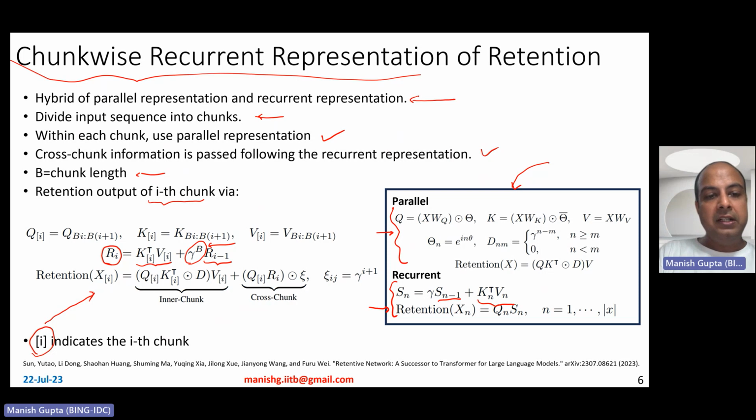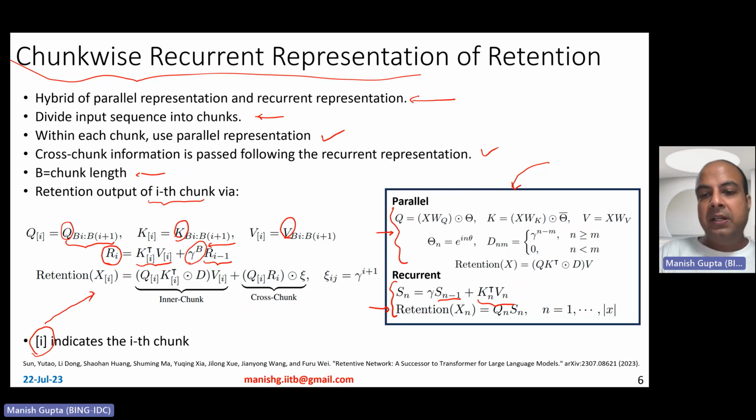Okay, so to do parallel computations within the chunk, I'll take the Q matrix part within the chunk. Remember, B is the size of the chunk and i is the ith chunk. So Bi to B(i+1) are the rows corresponding to this chunk, the query matrix corresponding to this chunk. Similarly for K and similarly for V, right? So for Q, K, V, I have the rows corresponding to this chunk.